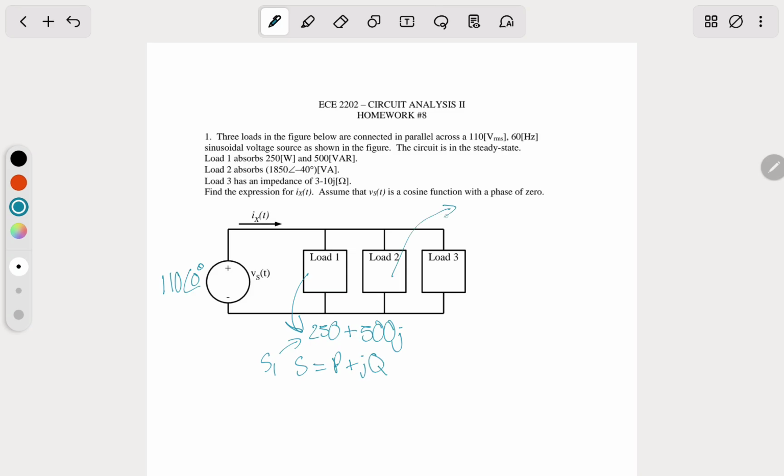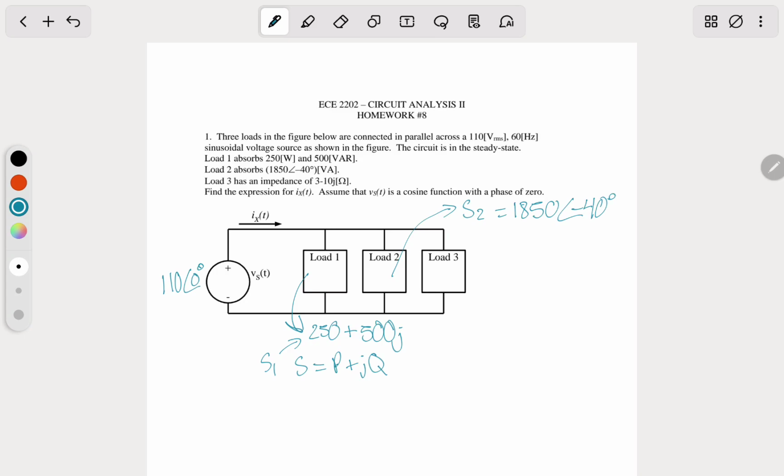Load 2 equals 1850 at negative 40-degree angle.